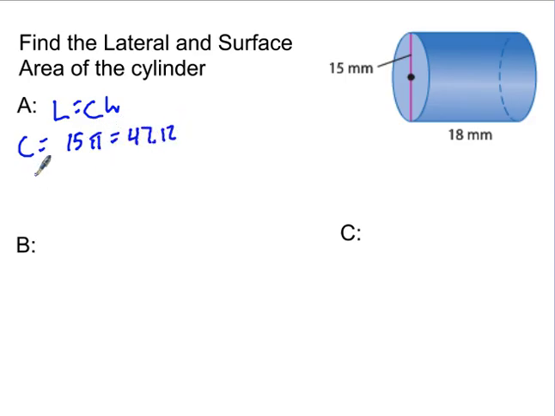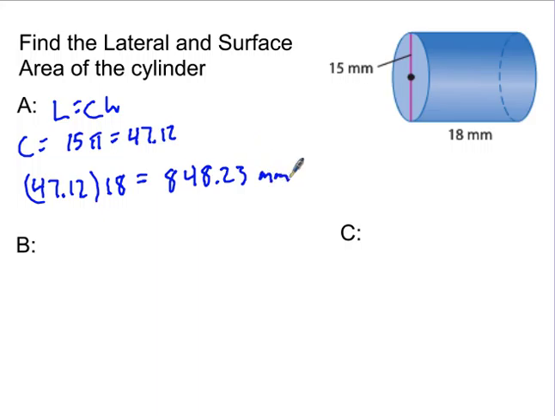47.12. And then take that number, 47.12 times 18. 848.23. So that's lateral area.